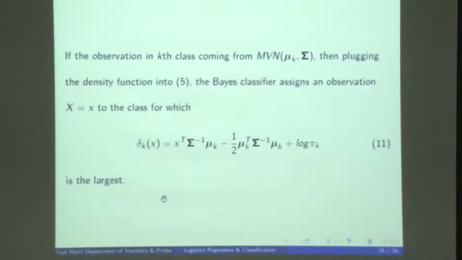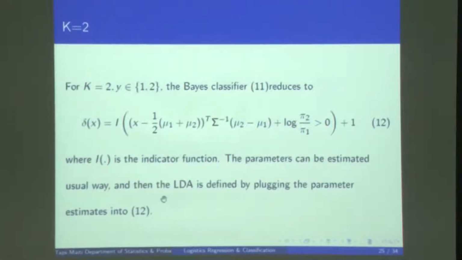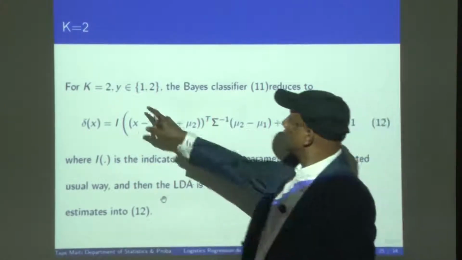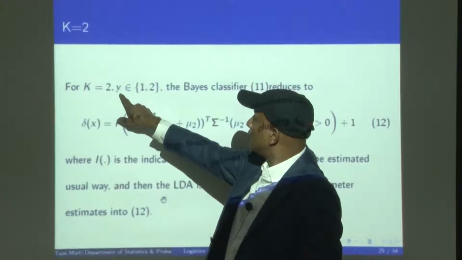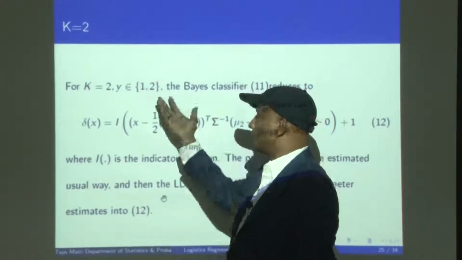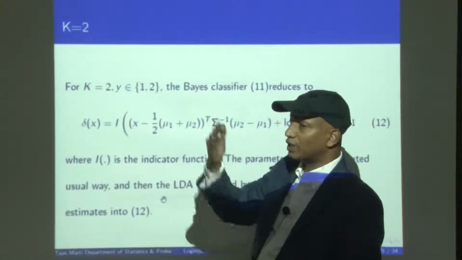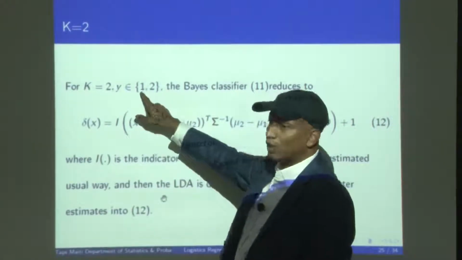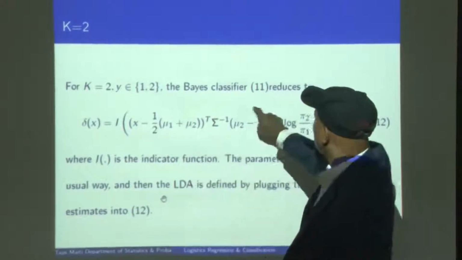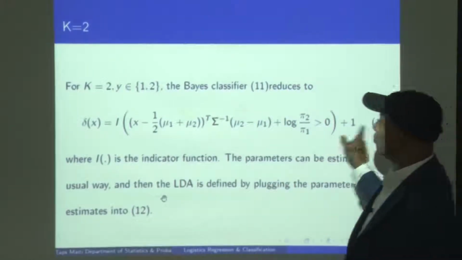So let's take the case k equals 2. If you take k equals 2, then we have just two classes, either 1 or 2, or you can say 0 or 1, as we did. But just for continuity of our notation 1 to k, either class 1 or class 2, the Bayes classifier will look like this.